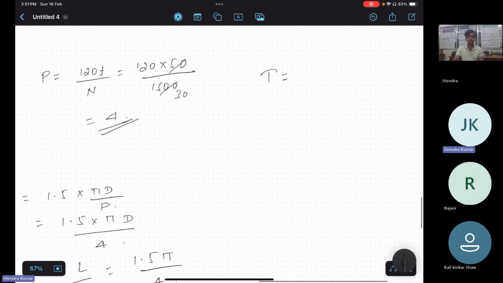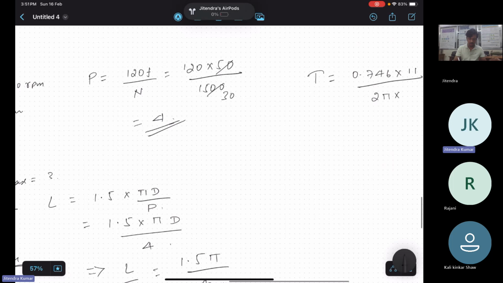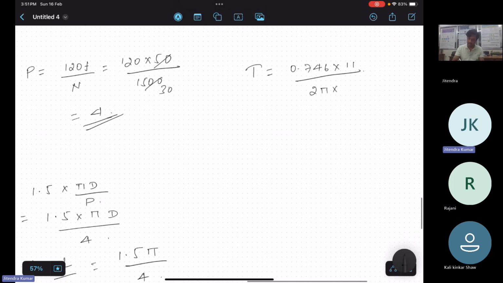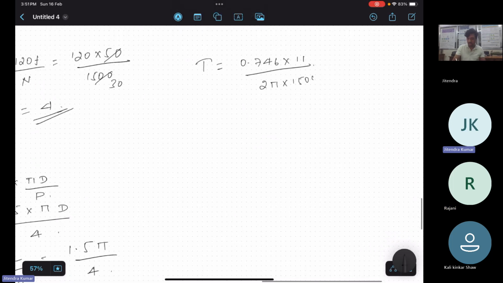So 11 HP will be nothing but how much kilowatt? 0.746 into 11 divided by omega, which is 2 pi into 1500 by 60. So this is your torque.